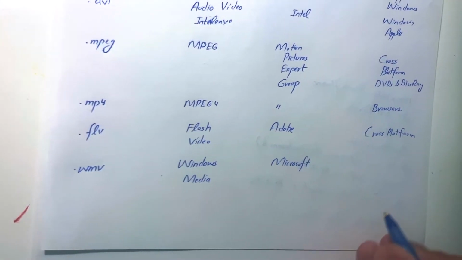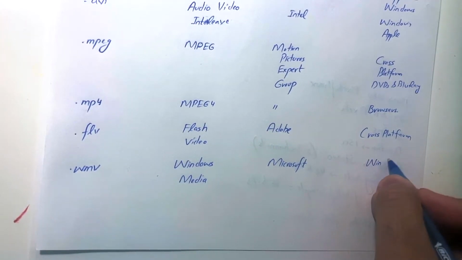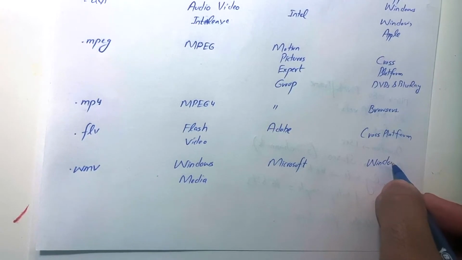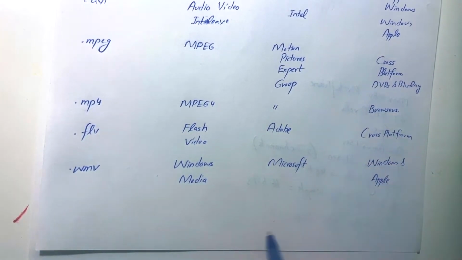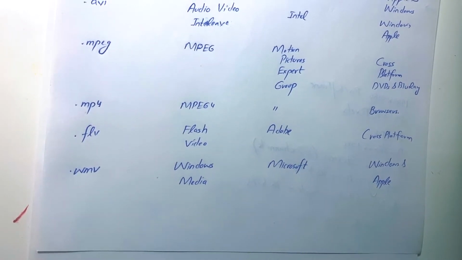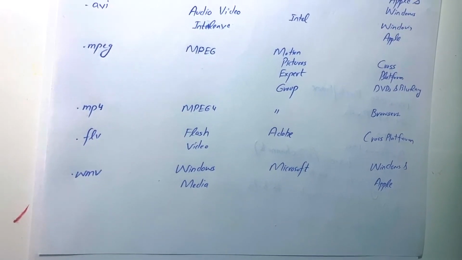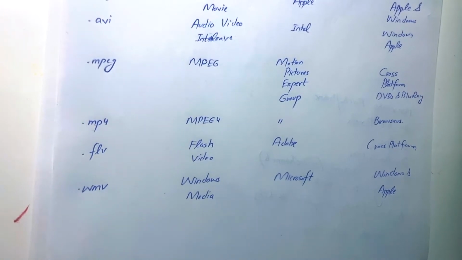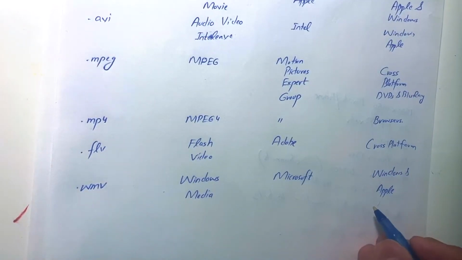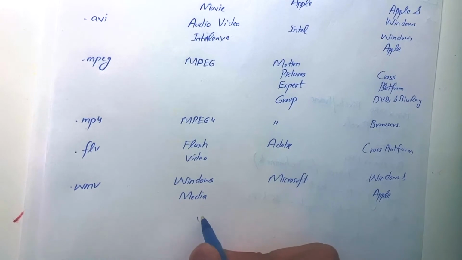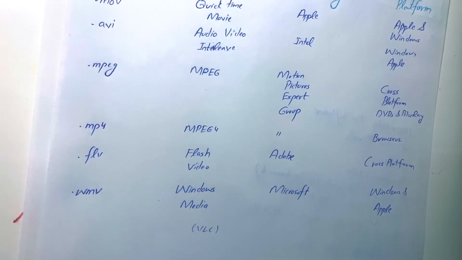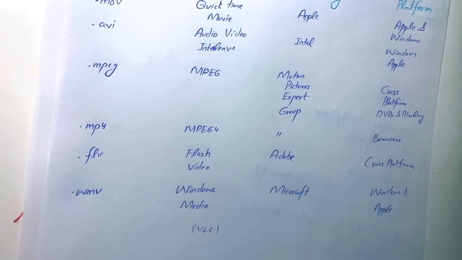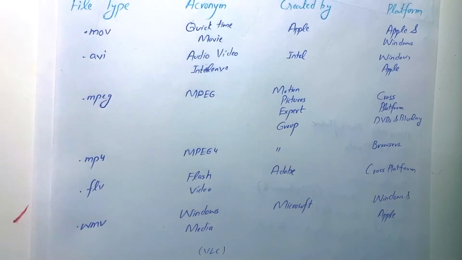Specifically, it was designed for Windows, but you can also watch .WMV on an Apple machine as well if you have the software Windows Media Player. If you don't have that, of course, you can also run it on VLC Player. So you can download VLC Player and you can watch it on any platform. So technically speaking, .WMV is cross-platform if you have the required software.